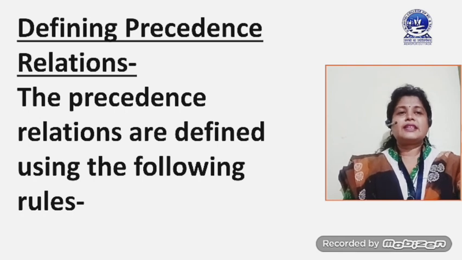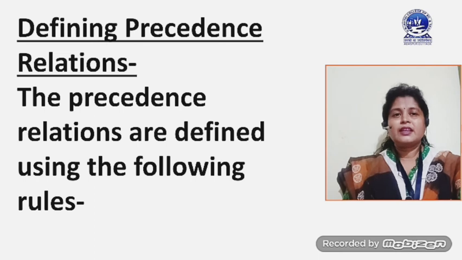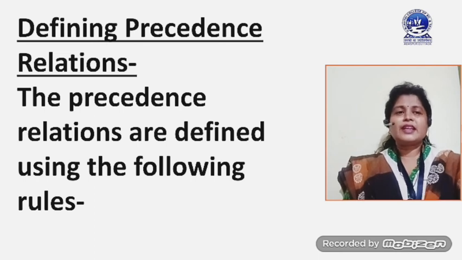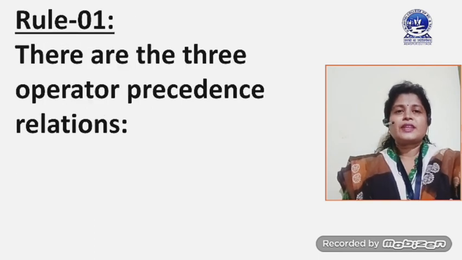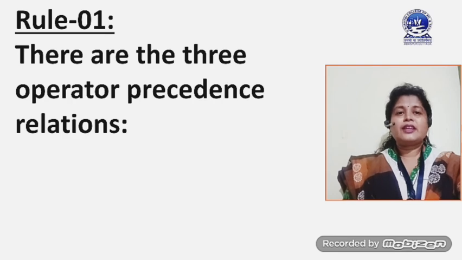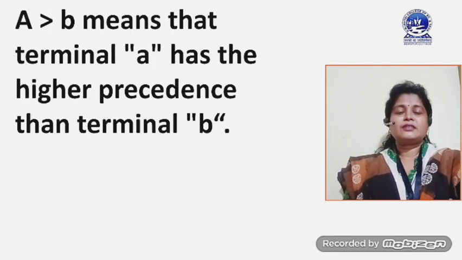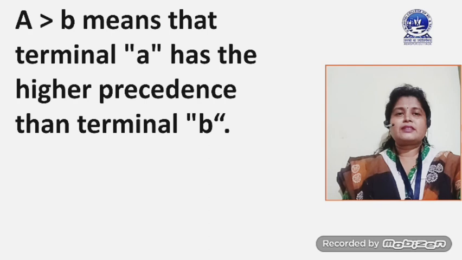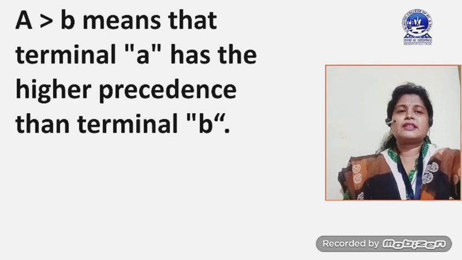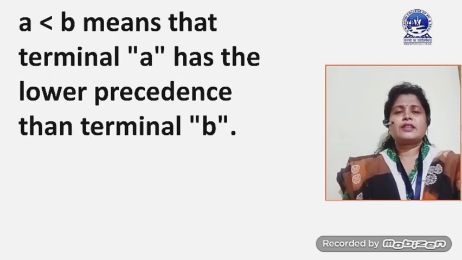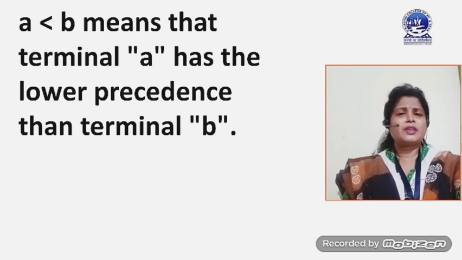Now we will discuss the meaning of defining a precedence relation. Precedence relations are defined using the following rules. Rule 1: there are three operator precedence relations. A greater than B means terminal A has higher precedence than terminal B. Obviously, you know about greater than, less than, equal to, not equal to, and many other operators in any programming language.